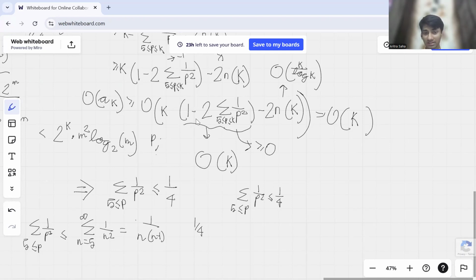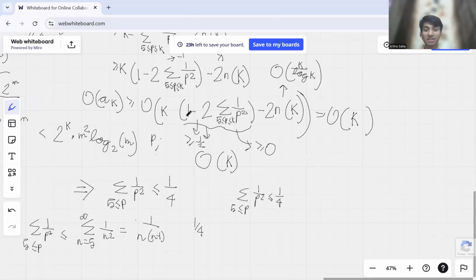And because this part is greater than or equal to half, so ak is greater than or equal to k by 2. So for large enough stuff, more things will be square free than non-square free.